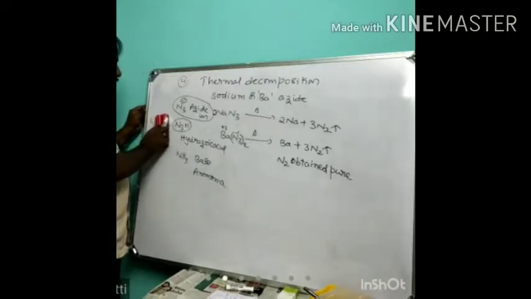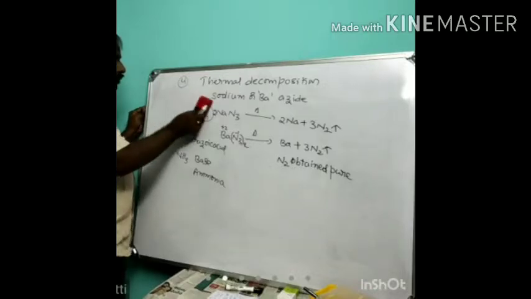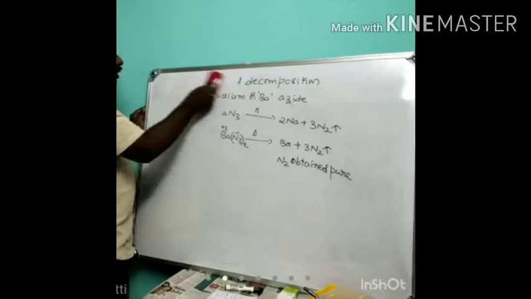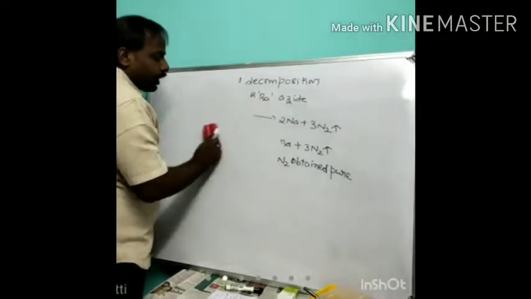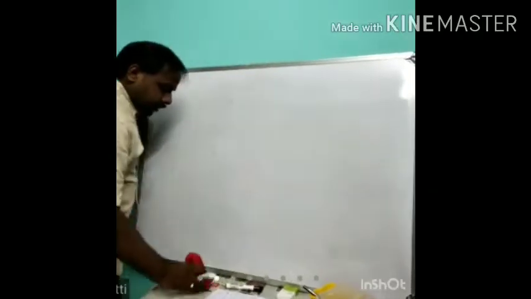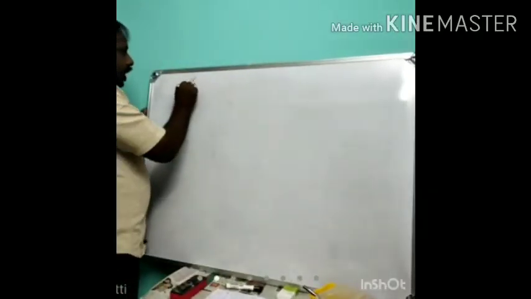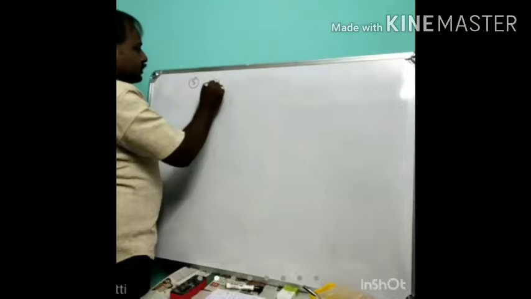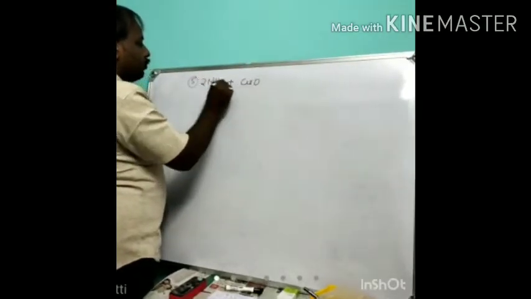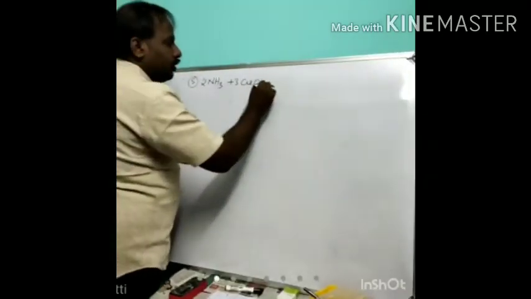And one more method, which is not given in our textbook, is when ammonia gas is passed over cupric oxide. Take 2 moles of ammonia and 3 moles of cupric oxide.